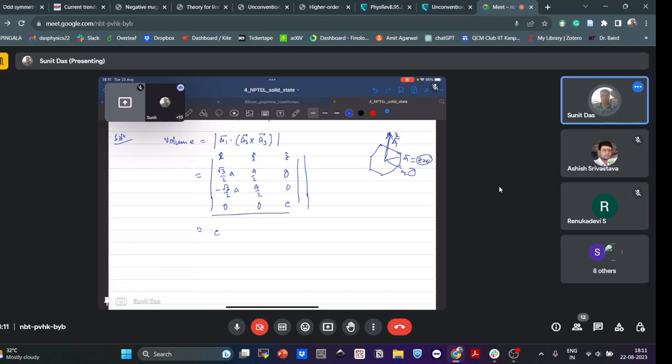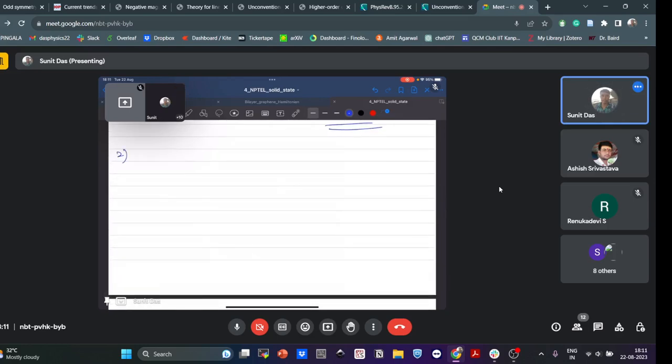So C into, so basically root 3 by 2 A square into C. So this is the correct answer. Okay. So next question.